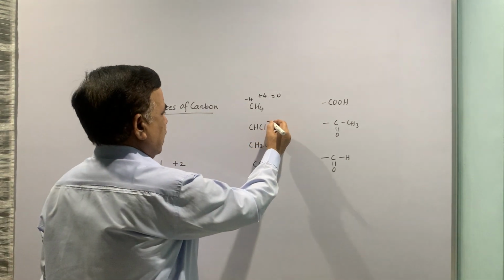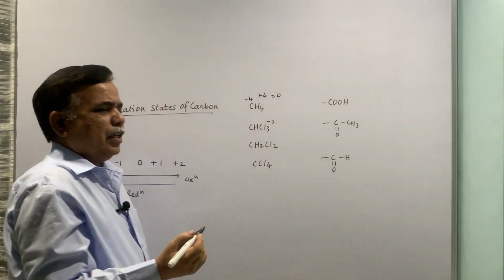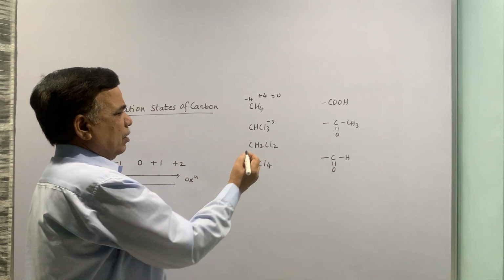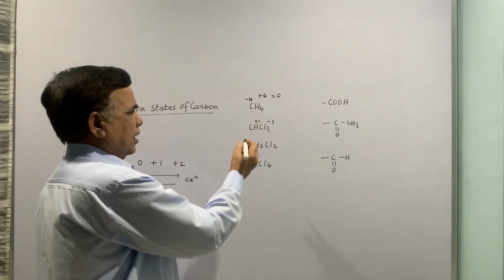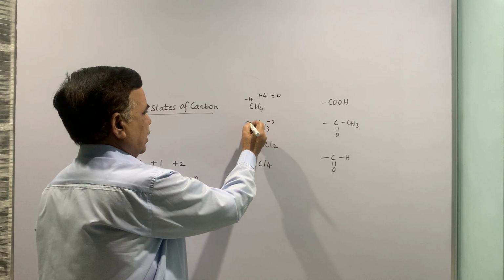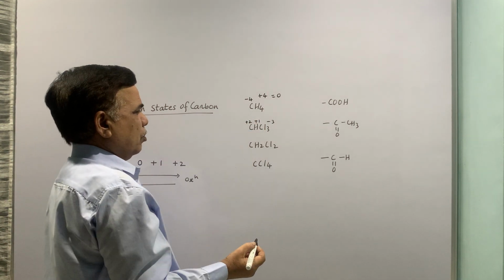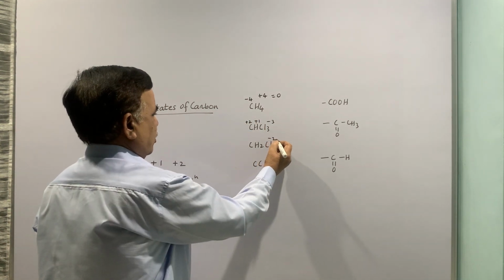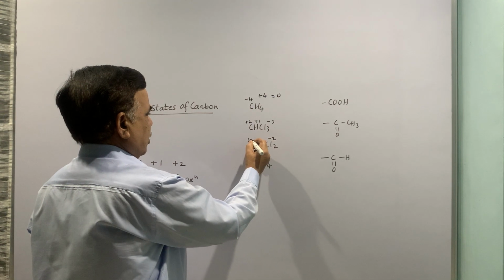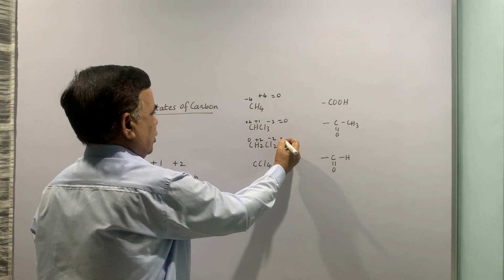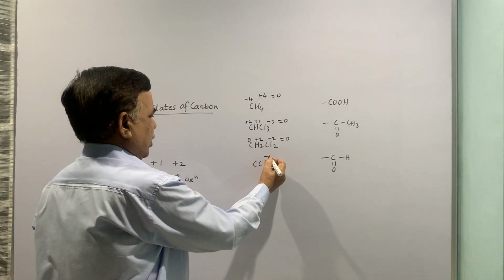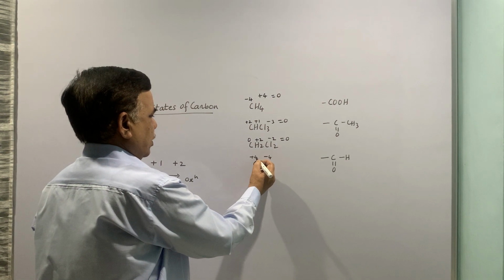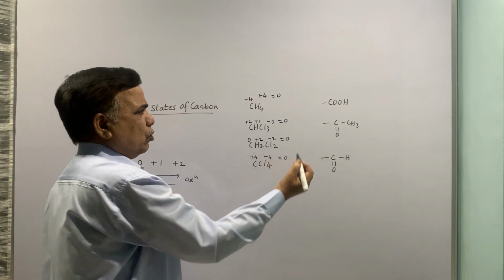Similarly, if I go here, carbon, this chlorine is -1, so 3 chlorine is -3, and therefore this has to be +2. This is -2, +2, so naturally this is 0. So the summation should be 0. CCl4, this is -4, this is +4, the summation is 0, and so on.